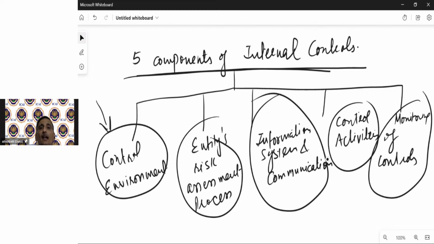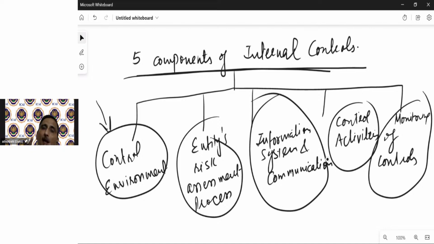Say if a company is caring about its employees, it is conducting training sessions, it is paying good compensation packages, in short you can say it is adopting good HR policies, then the control environment of the company is satisfactory.